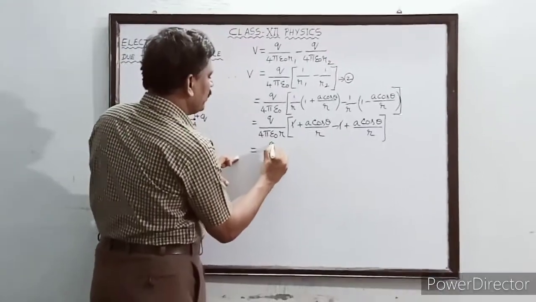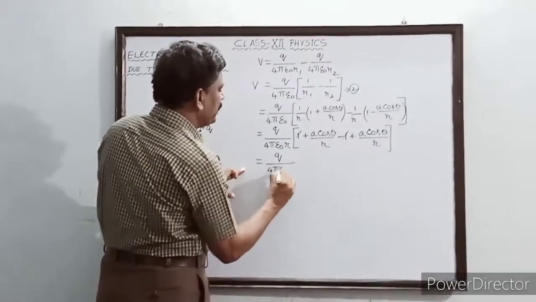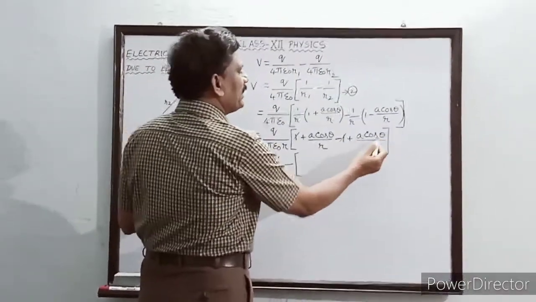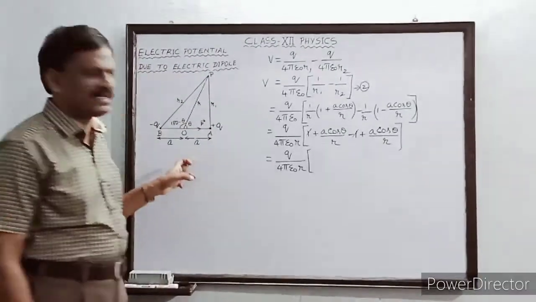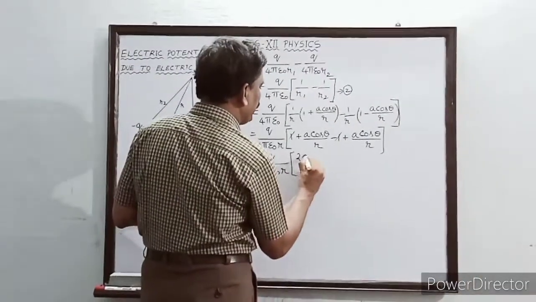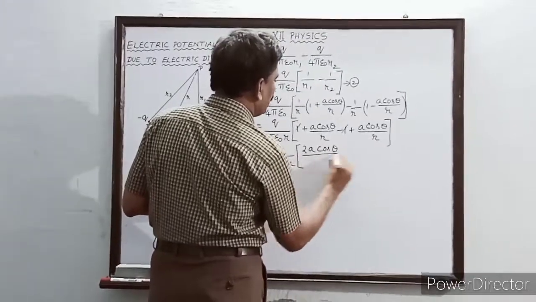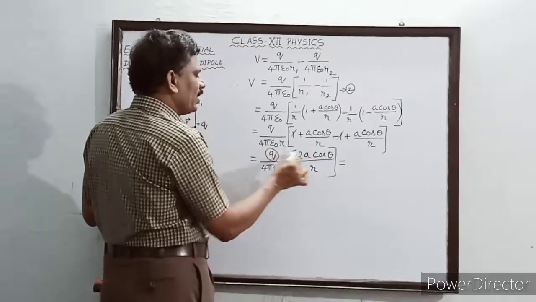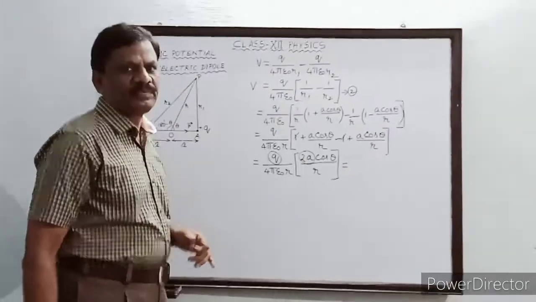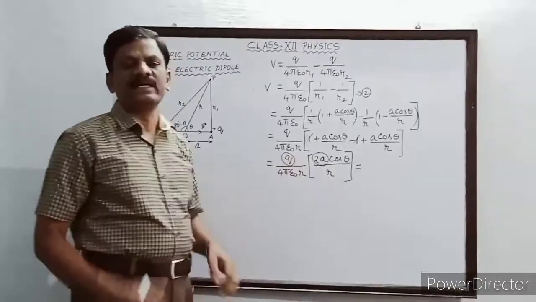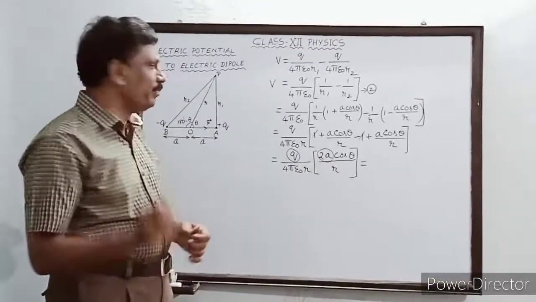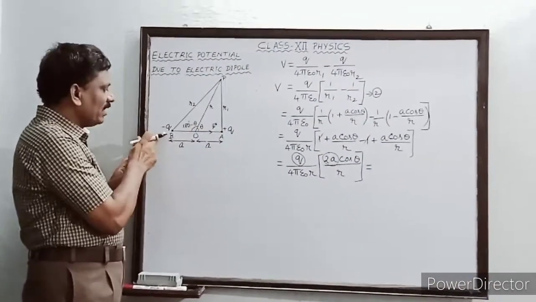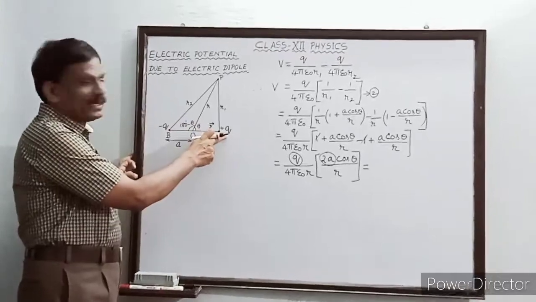So, this is equal to what? Q by 4 pi epsilon naught into R into, A cos theta by R plus A cos theta by R is equal to what? 2A cos theta by R. So, this is equal to 2A cos theta divided by R. Now, the product of Q and 2A is equal to what? The electric dipole moment P, small p. You can see here this P vector, the dipole moment of the electric dipole, is acting from the negative charge towards the positive charge.